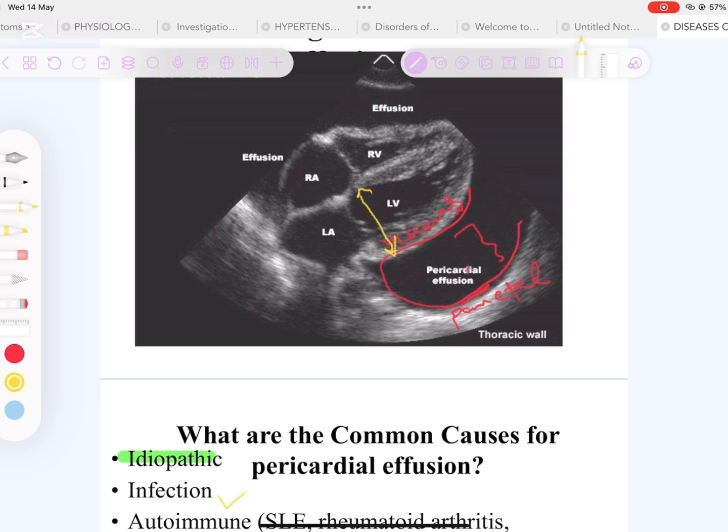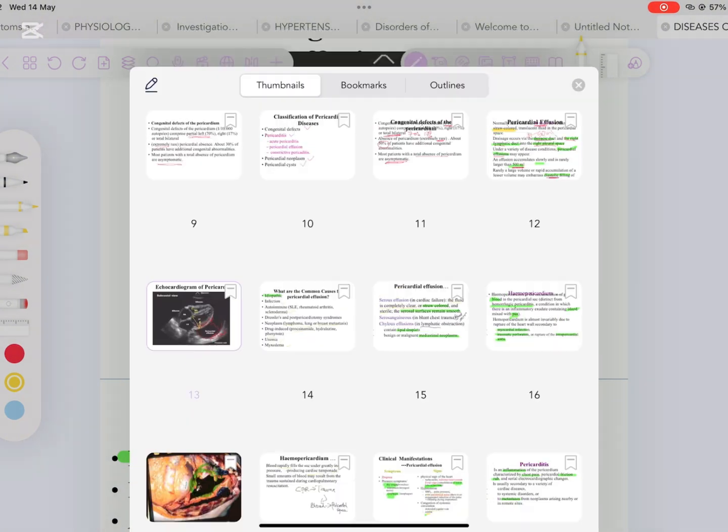So if the left ventricle is reaching like this, and then the right ventricle is here, you are seeing that it's as if the pericardial effusion is restricting the expansion of the left ventricle. I don't know if you guys understand that, but the pericardial effusion has reduced the size of left ventricle. I know it's the left ventricle that pumps blood to all parts of the heart.